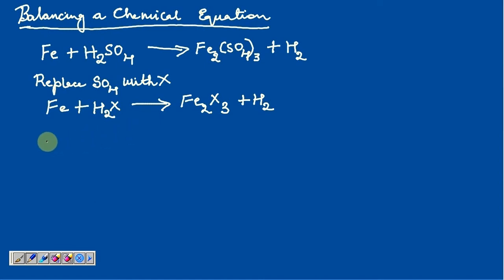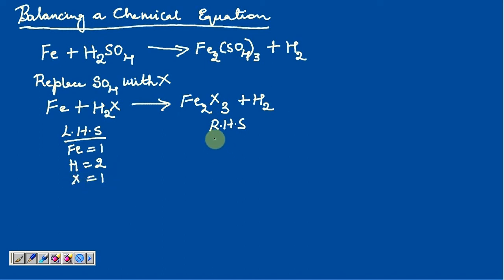Now we'll count the number of atoms present on each side of the equation. On the left hand side, I'll write LHS, and on the right hand side, RHS. On the LHS we have Fe, that's iron, equal to 1, hydrogen equal to 2, and X equal to 1.